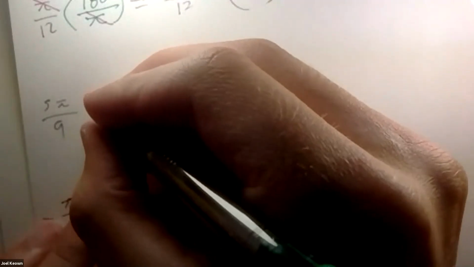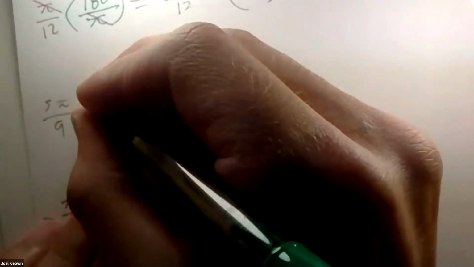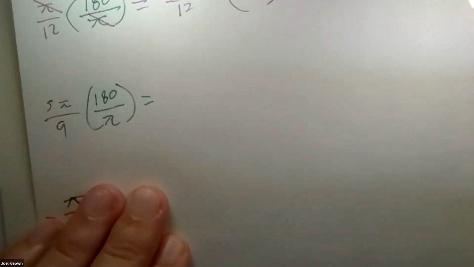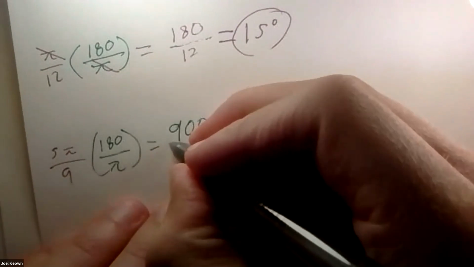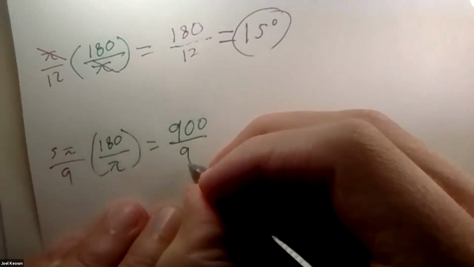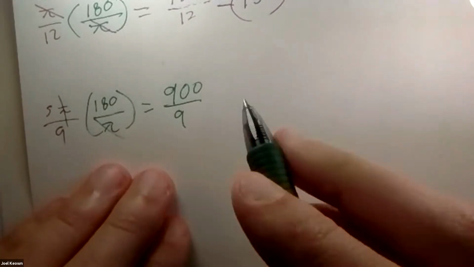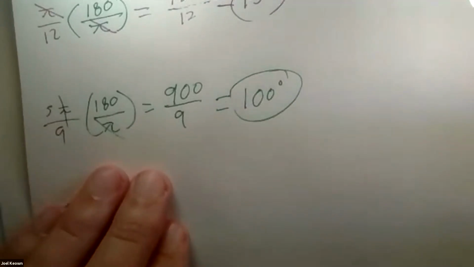We'll do the same thing. I'll multiply by 180 over pi. What is 5 times 180? 900. 900 divided by 9. Of course, the pi's cancel out. 900 divided by 9 is just 100 degrees.